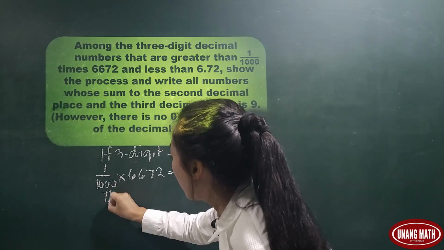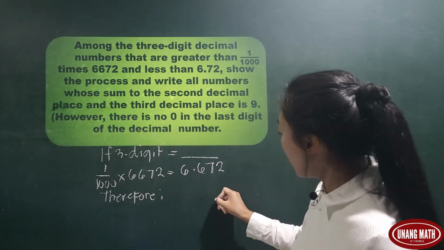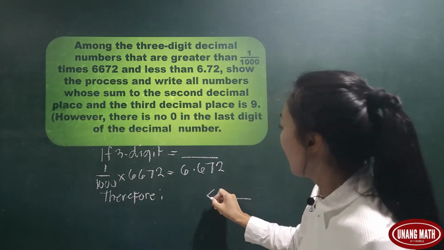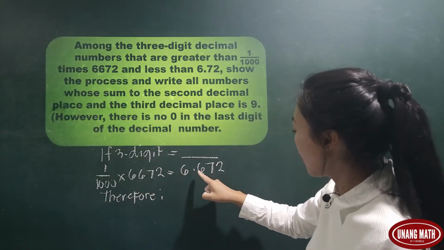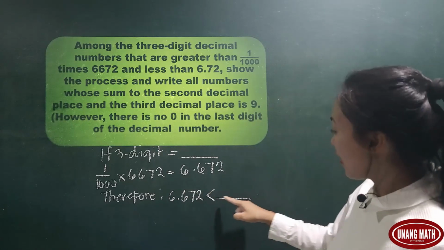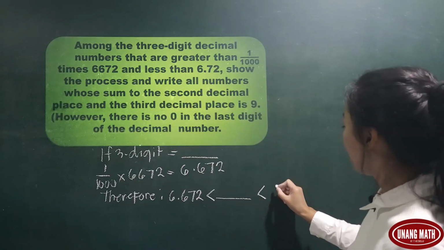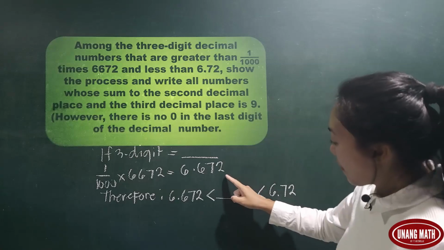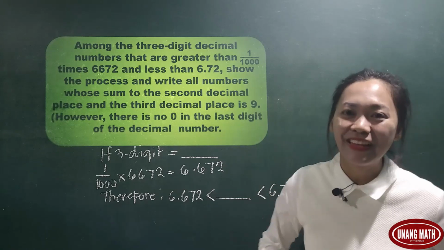Therefore, pwede nating sabihin na this 3-digit decimal number is greater than 1 over 1,000 times 6,672, and that is 6.672. And this 3-digit decimal number is less than 6.72. So kailangan nating malaman or hanapin kung ano ang magsasatisfy na decimal number dito.